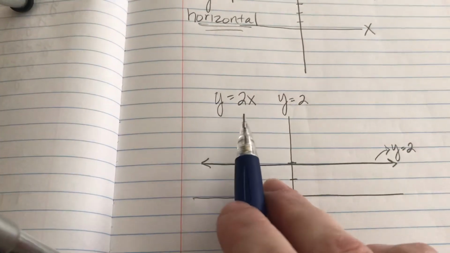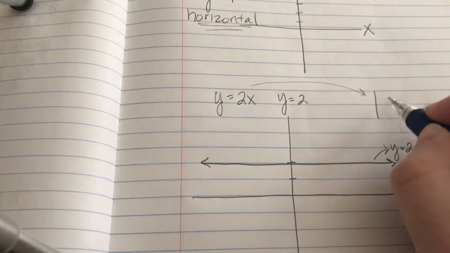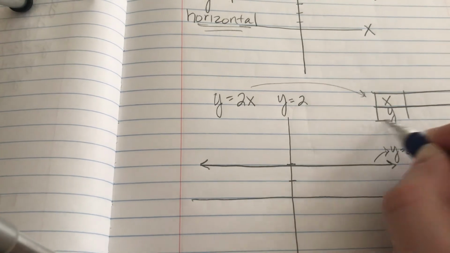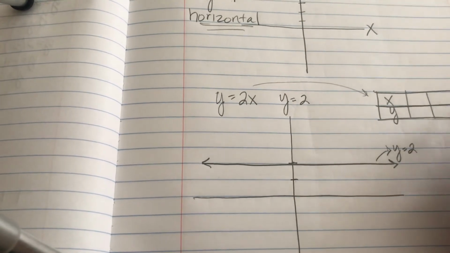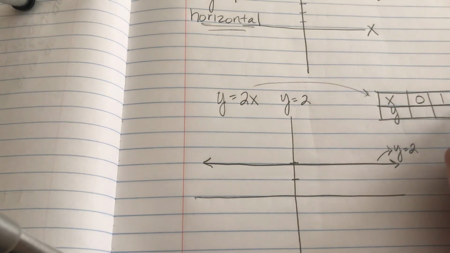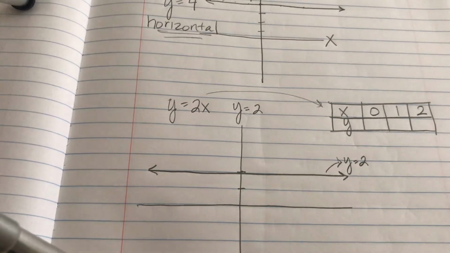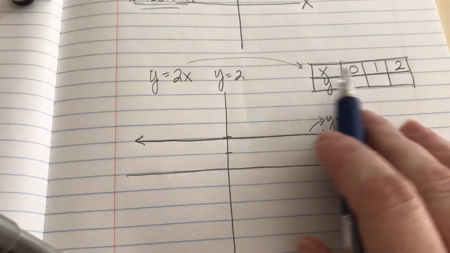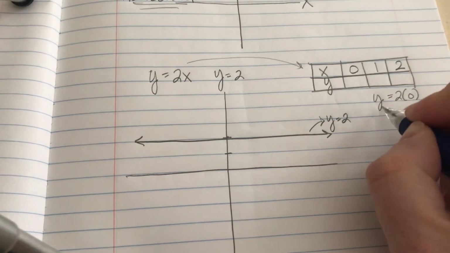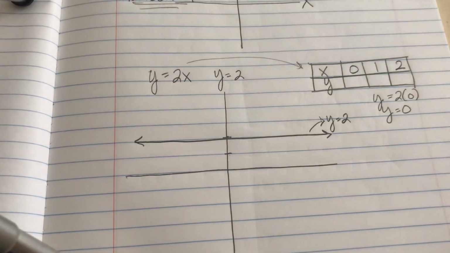To graph the other line, we need to create our little box. So we're going to do some x, y values. And we need to do at least 3. And I'm going to do 0, 1, and 2, just to pick some pretty easy ones to plug in. So when x equals 0, y will equal 0 times 2, which is 0.